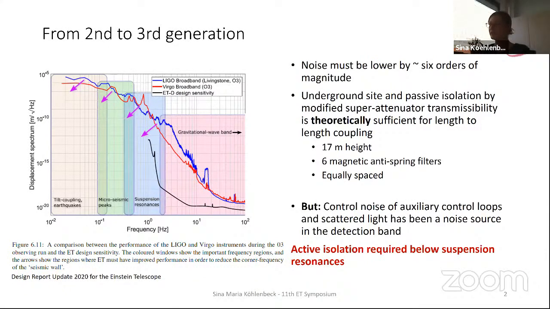This is theoretically sufficient to do the task, but we have already seen in current gravitational wave detectors that the seismic isolation is not what limits the detector bandwidth, but rather control noises from auxiliary control loops and also scattered light. So what we think would be a good thing to do to achieve the goal is to introduce active isolation below the suspension resonances.